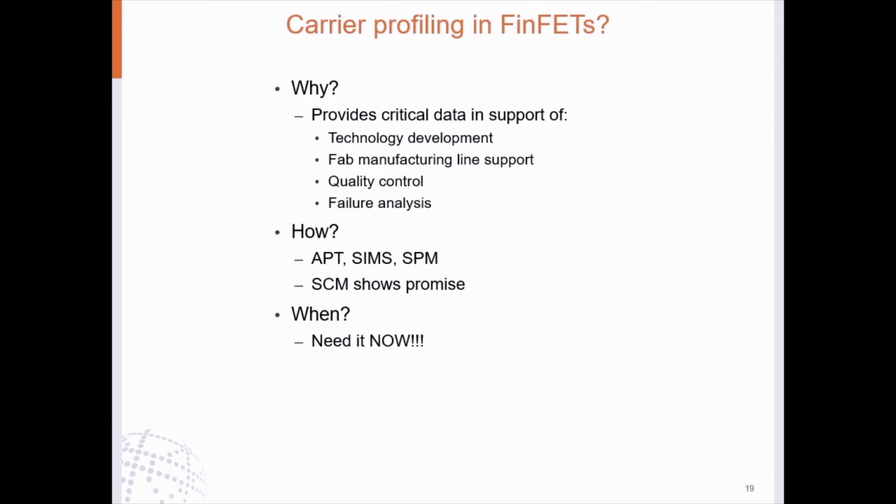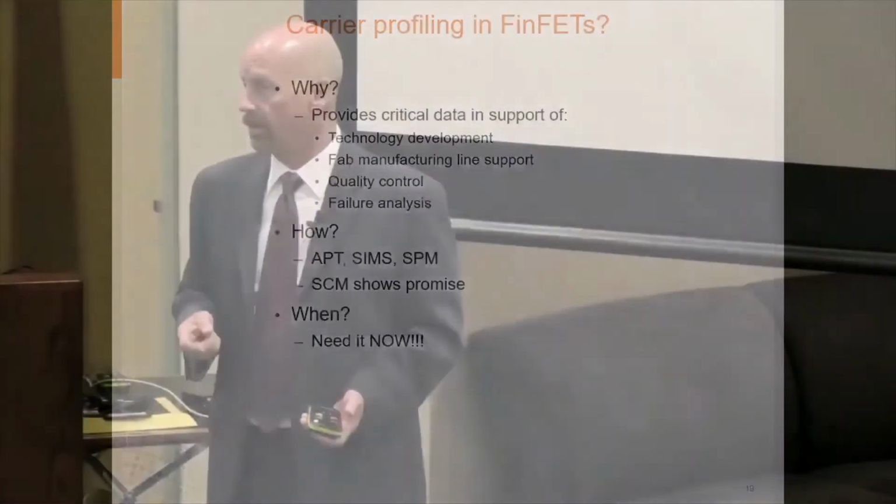And how are we going to do that? I posed that question a while ago. How do we do it? There's atom probe tomography, taking your sample and fashioning it into a field emitter, and then using the material that is emitted from that sample on time-of-flight SIMS and reconstructing it.